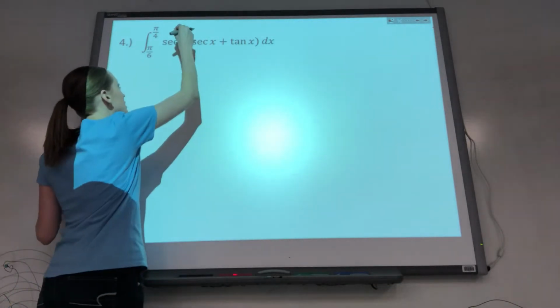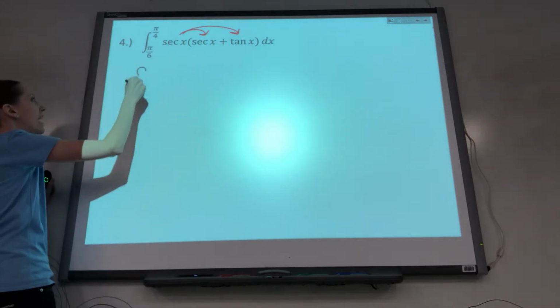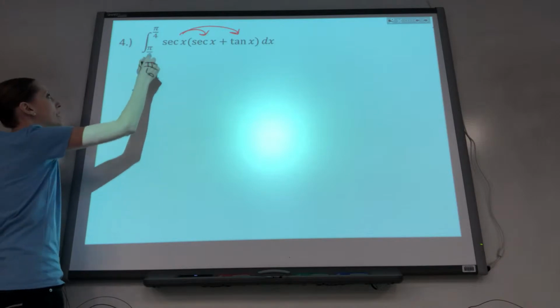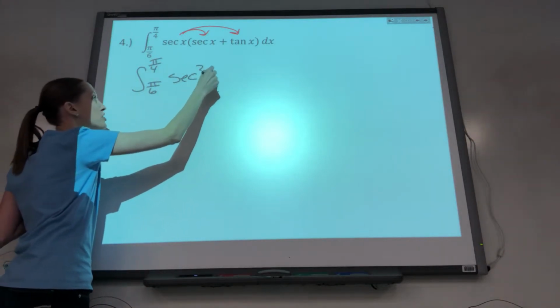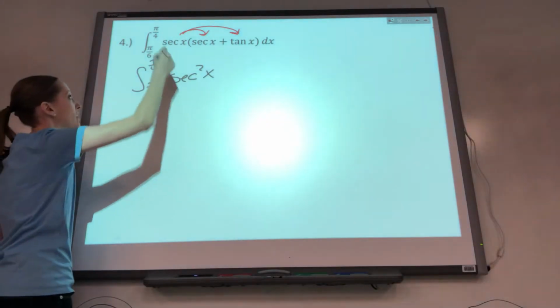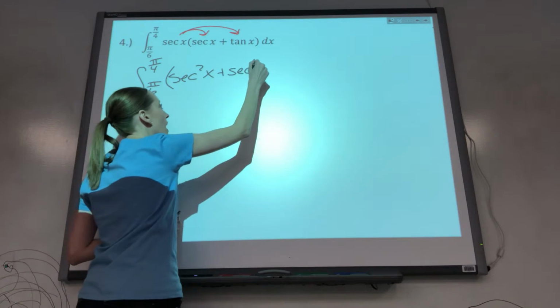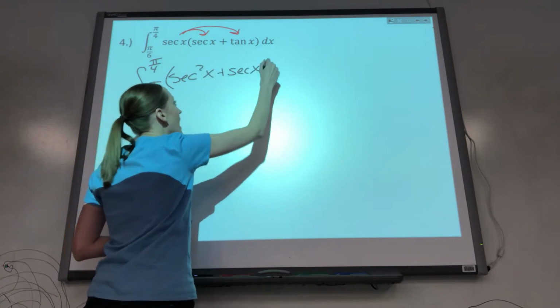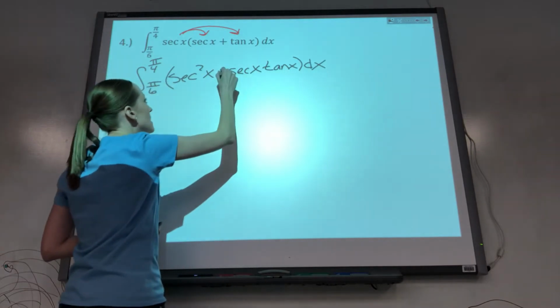Yeah, very good. Distribute that secant of x. And once you do that, it actually works out really nicely, and it matches up to some of our trig integrals exactly. That'll turn into secant squared of x plus secant of x tangent of x dx.